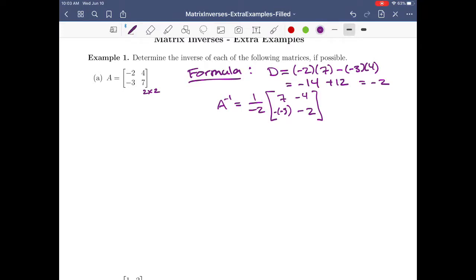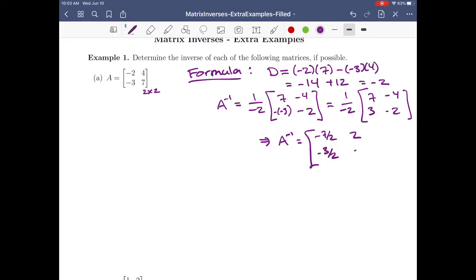So that is 1 over -2 times the matrix 7, -4, 3, -2. And then when I divide everything by -2, I know that A inverse is -7 over 2, 2, -3 over 2, and 1. So that's the A inverse that I'm expecting.